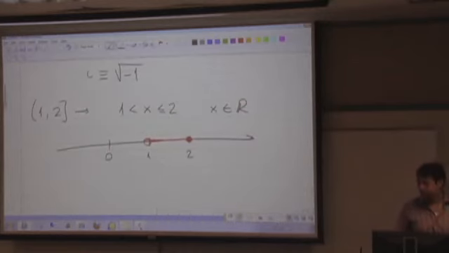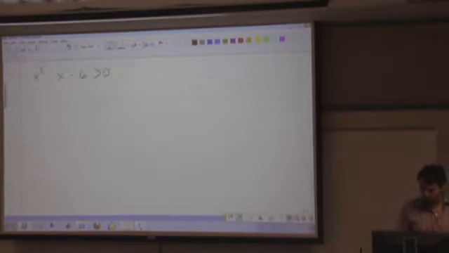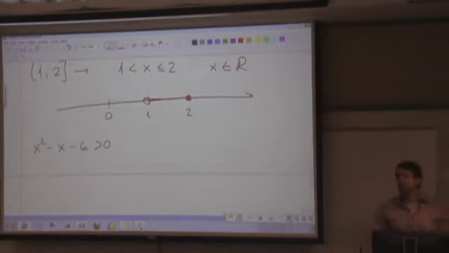So now if we come back to x squared minus x minus 6 is bigger than 0. That was the original question we started with, and the question was, when is that happening? For what values of x is that actually happening?